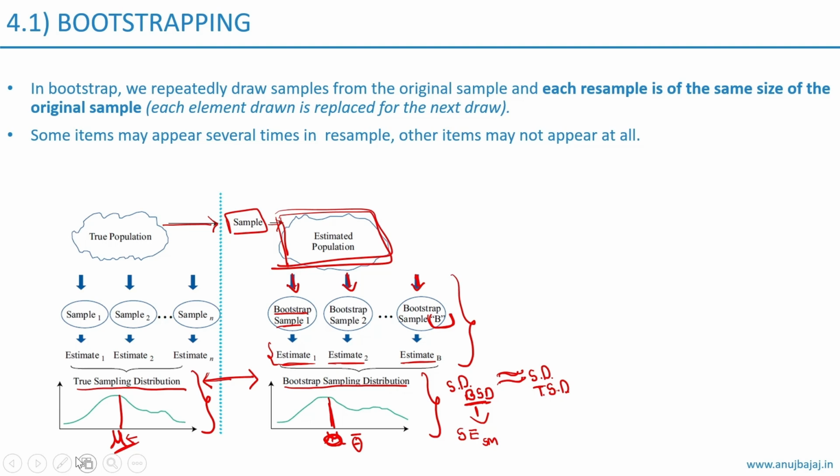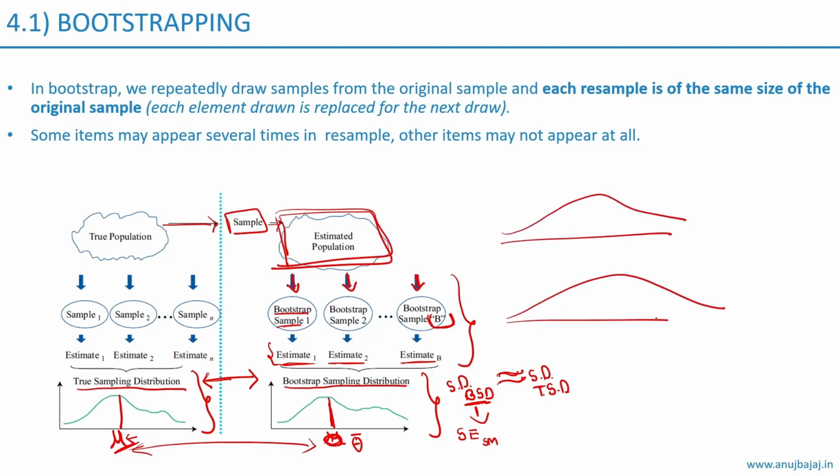Now let me illustrate how it is possible to have two distributions which have the same standard deviation but different averages. Suppose we have two distributions, the first and the second. Suppose the first distribution has a mean of 7% and the second distribution has a mean of 2%.